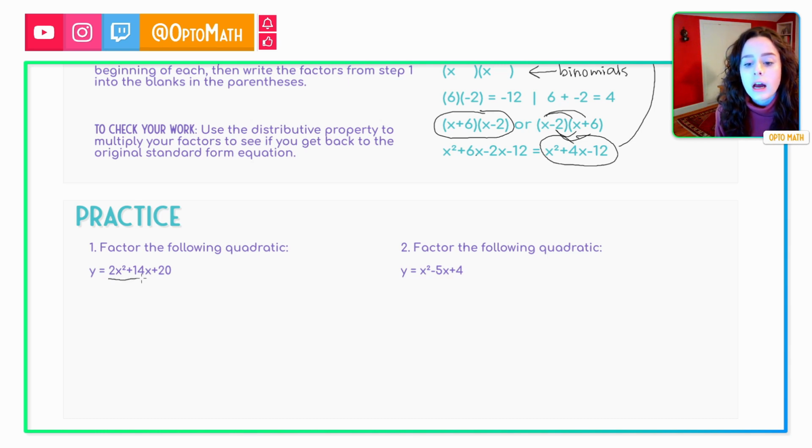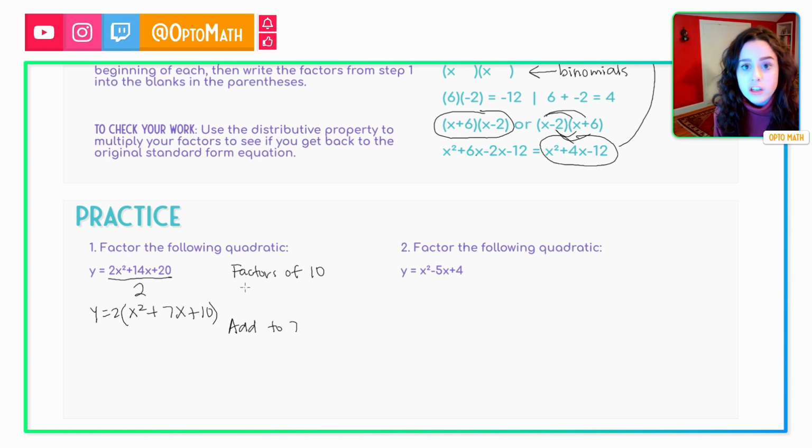So let's divide the whole thing by 2, which is our GCF, and we'll get y is 2 times x squared plus 7x plus 10. Now we want to find factors of c, which is 10, that add to 7.